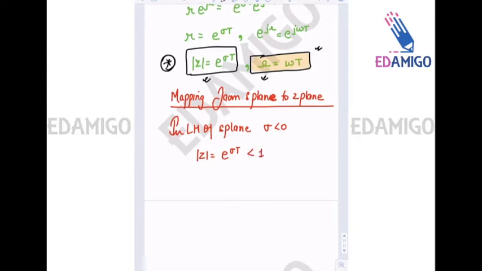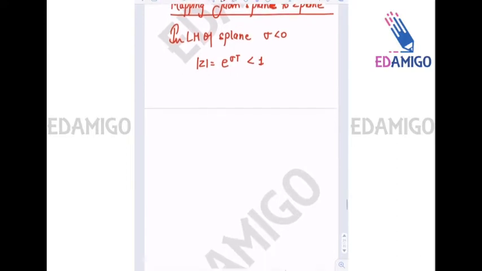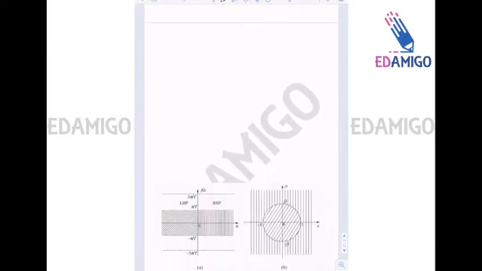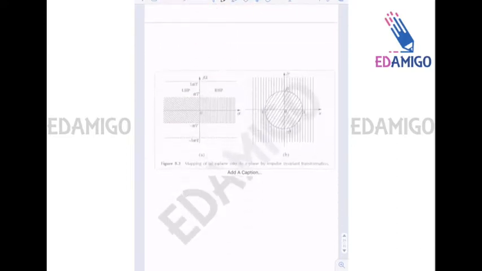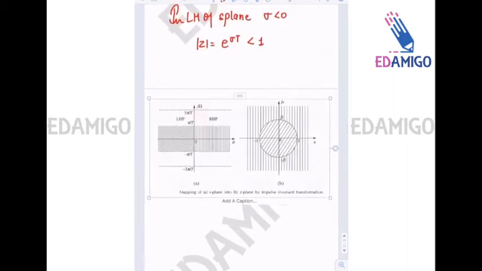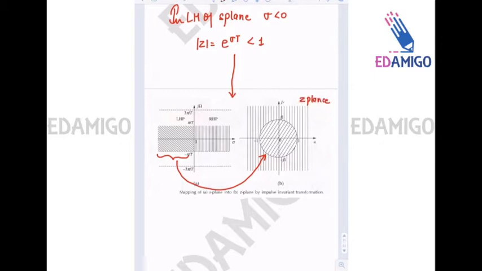So this whole left half plane is mapped into a circle of radius 1 in the z plane. This is the z plane, and this is the s plane with real part sigma and imaginary part j Omega.